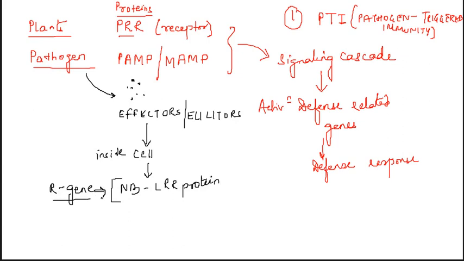So am I making any sense? What I said is that the pathogen also releases some kind of molecules known as effectors or elicitors, which will go inside the cell without any receptor on the plasma membrane. Inside the cell they will bind with nucleotide binding. NB stands for nucleotide binding.